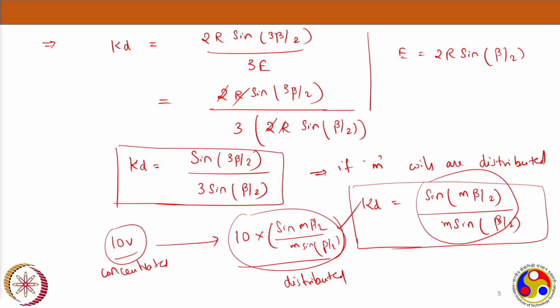So this is an important formula. You can note it down. It is very important for the numericals which we will solve, and it is also important for GATE 1 mark questions, simple direct formula related questions. Now let's see another important factor, that is the pitch factor.